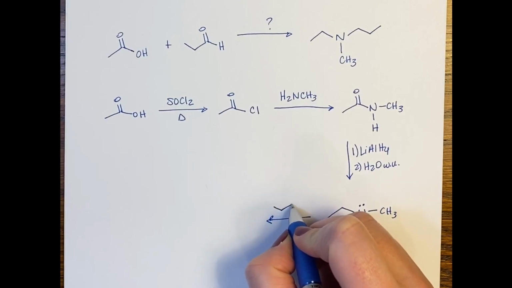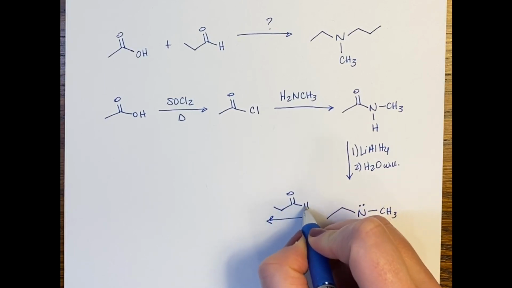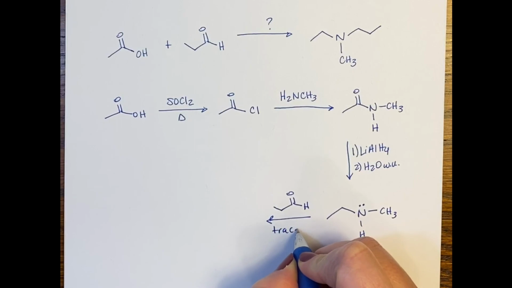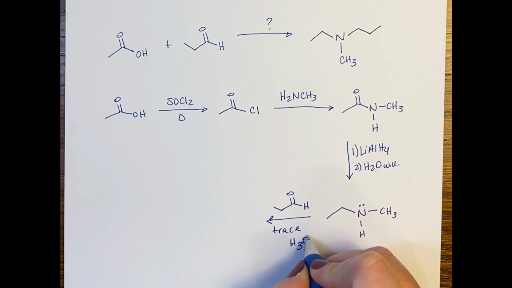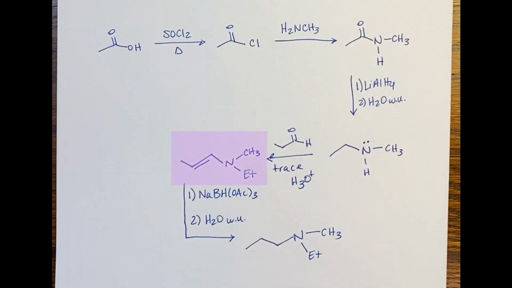So I could bring in my 3-carbon aldehyde, trace H3O+, and that's going to make my enamine. In the final step, I could do a reductive amination. So I could take this enamine and treat it with sodium triacetoxyborohydride followed by a water workup, and the product that I would get out of that reaction is my tertiary amine.